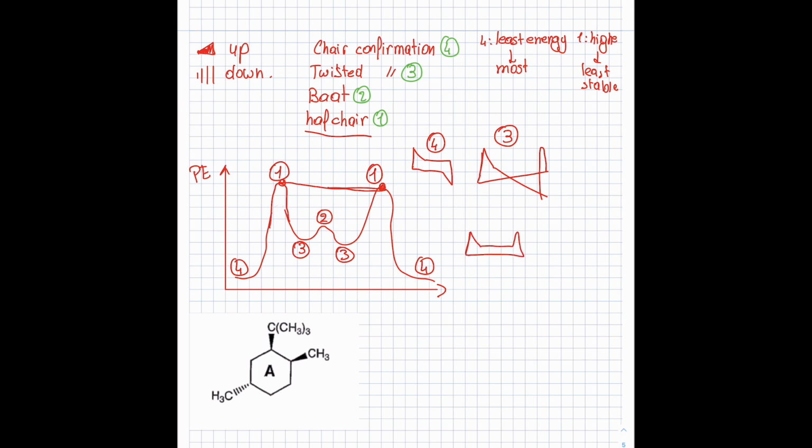And then lastly, you would have the half chair, which is gonna be hard to draw, but you see how it's like half a chair, so there's the back, but there's not a front of the chair, so that's like a half chair. So yeah, those are the conformations. So that's the boat, and then this is the half chair.